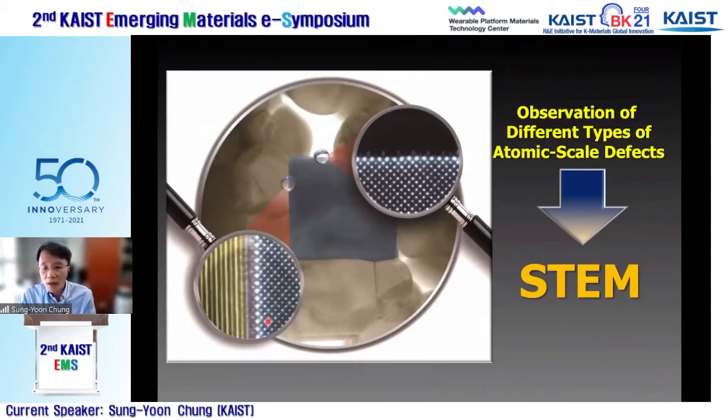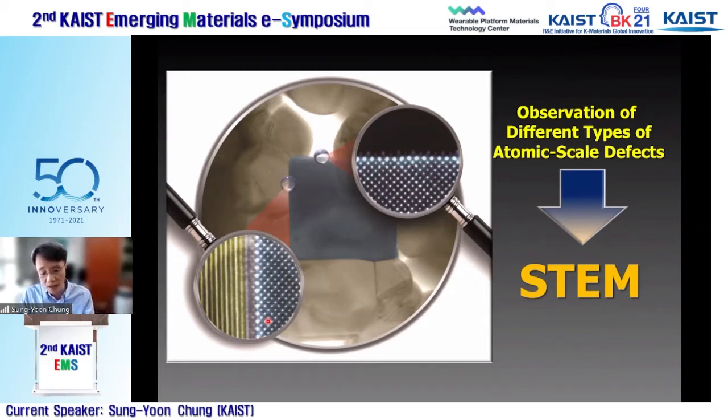Over the last 10 years, we have been using scanning transmission electron microscopy to observe the details of the crystal structure, especially in oxide materials, because an oxide is basically an FCC oxygen framework together with many different cations at the interstitial sites, including tetrahedral and octahedral sites.